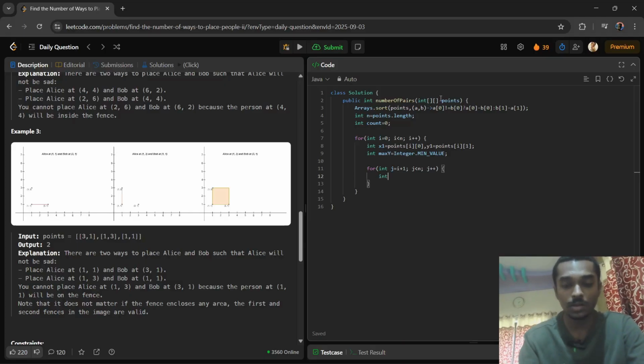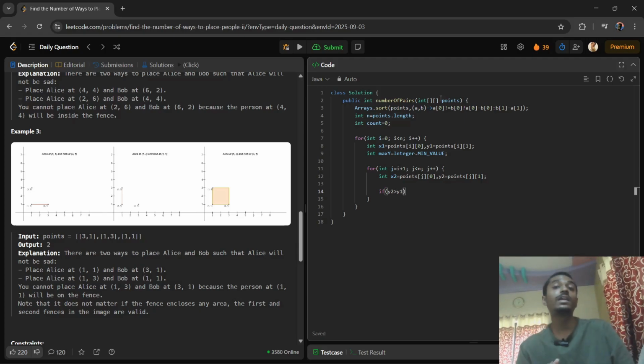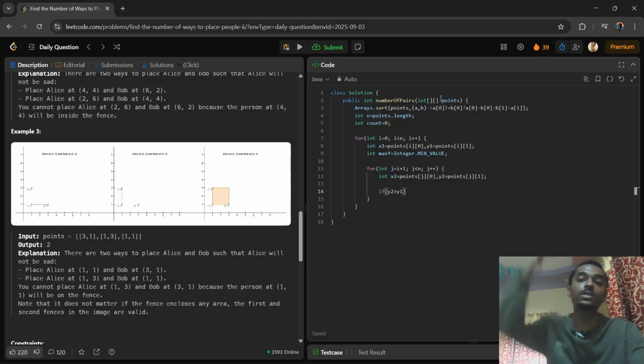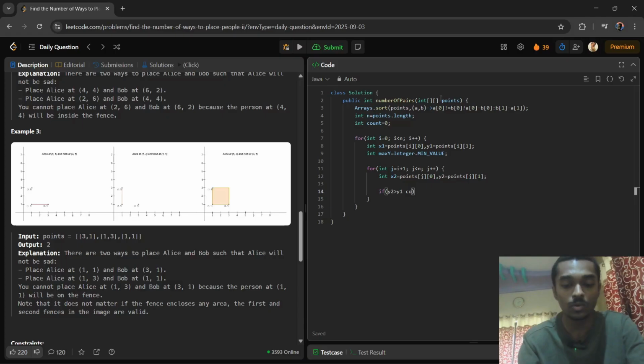Now x2 is points of j 0, and y2 is points of j 1. Whenever y2 is greater than y1, that means it is an invalid condition. Bob is always on the lower right side. So if y2 is greater than y1, we have to continue.